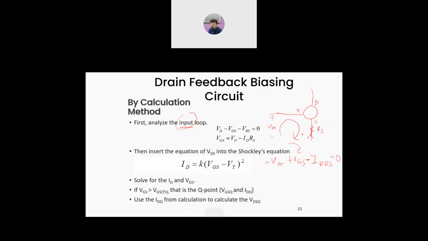Then we rearrange, so we get VGS equals VG plus IDRS.